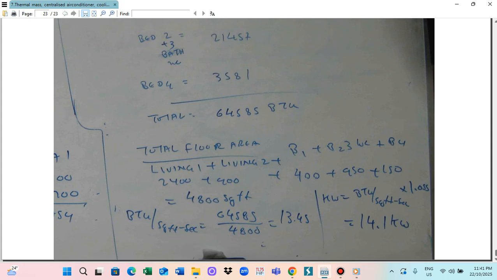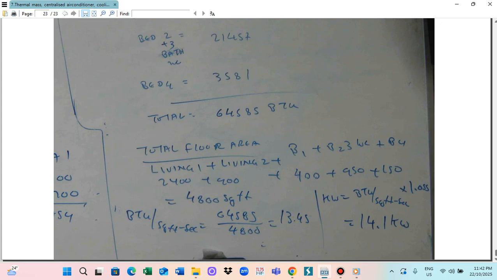So living room 1 is 2400 plus 900 plus 400 plus 950 plus 150. So this is 4800. Okay, this is for 4,800 square feet.